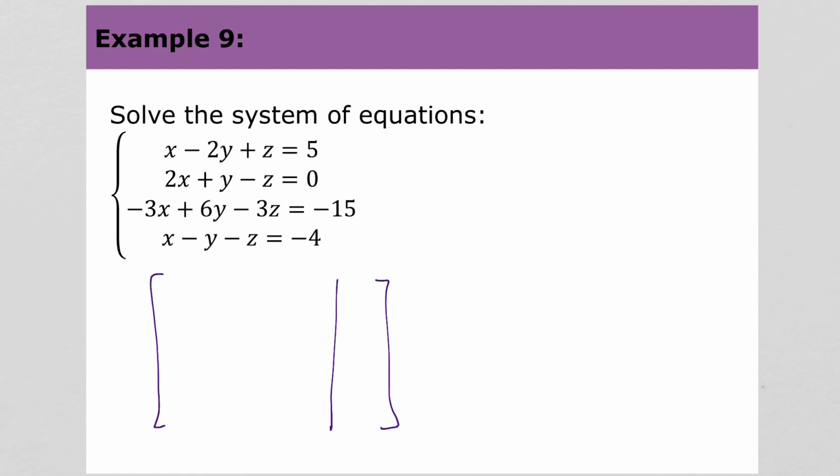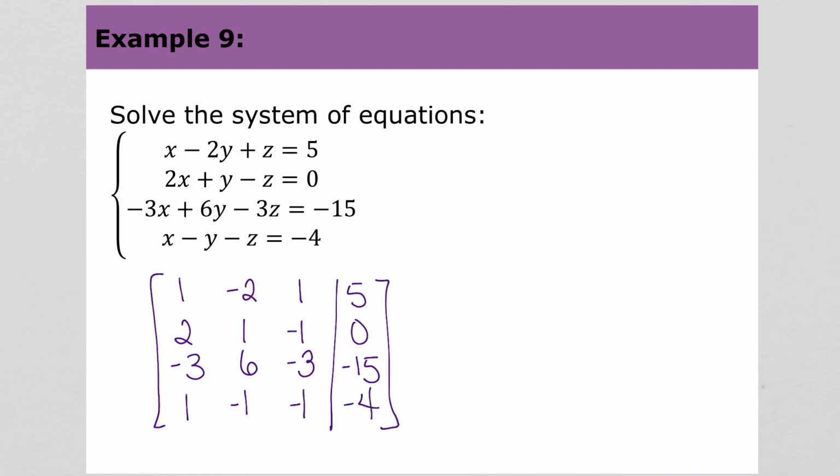So let's write this down. We got 1, negative 2, 1, and 5. 2, 1, negative 1, and 0. Negative 3, 6, negative 3, negative 15, and 1, negative 1, negative 1, and negative 4.